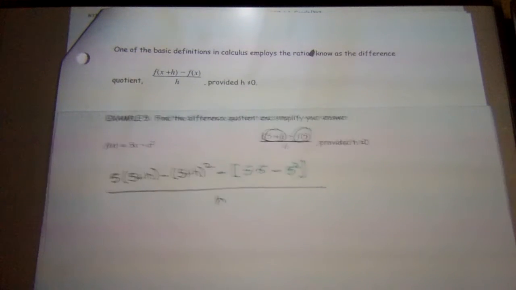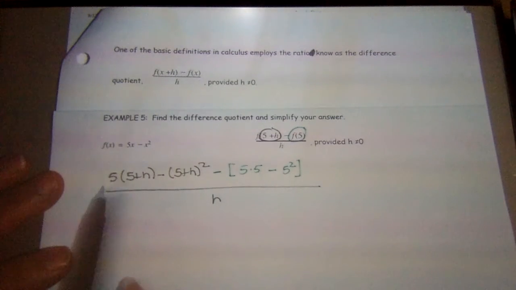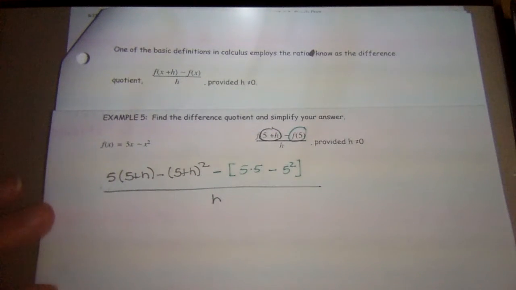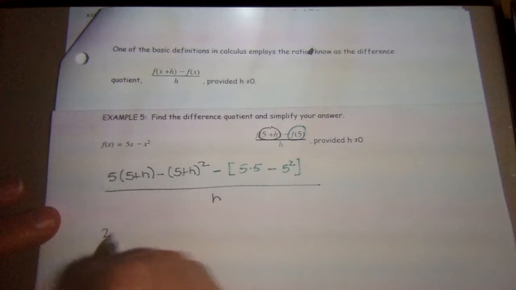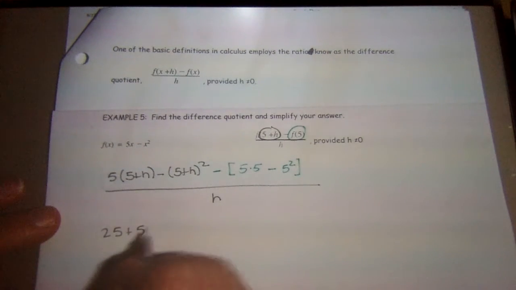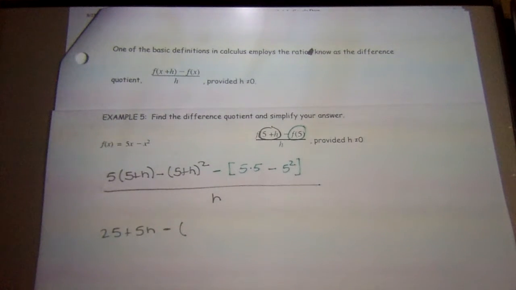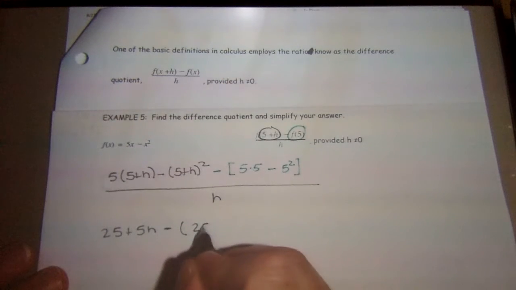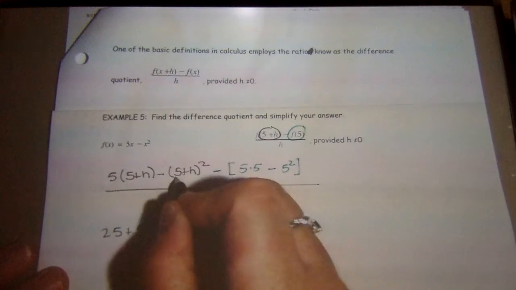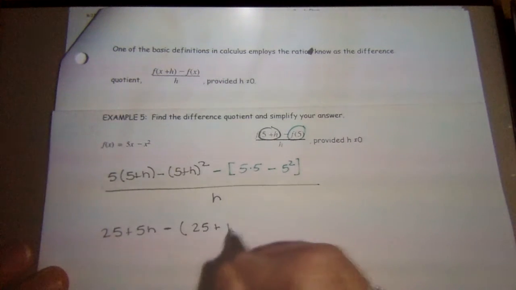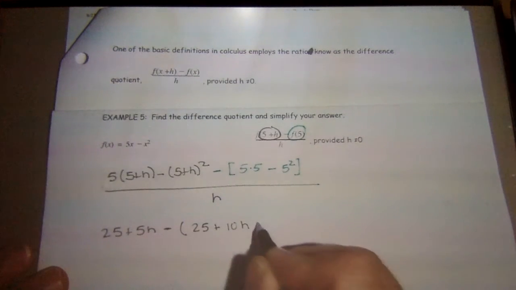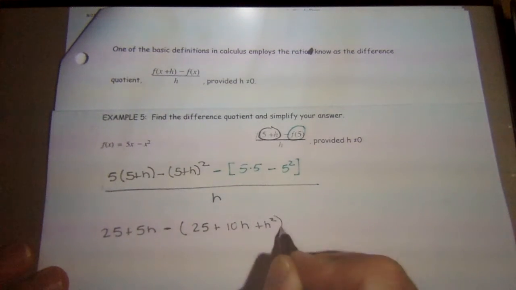Now we're going to do the math. 5 times 5 plus h: 25 plus 5h. Here's that minus. We have 5 plus h squared. Square the first. These two multiply together and doubled. Square the last.